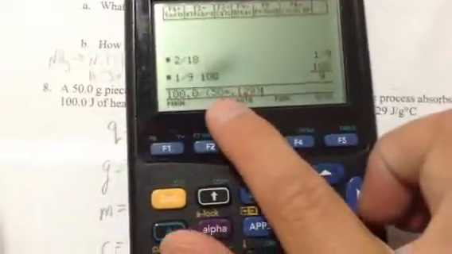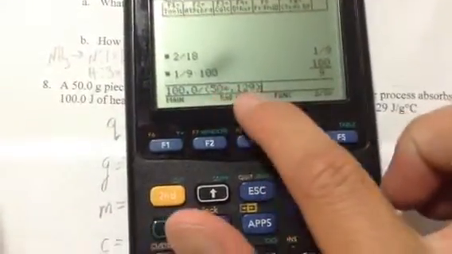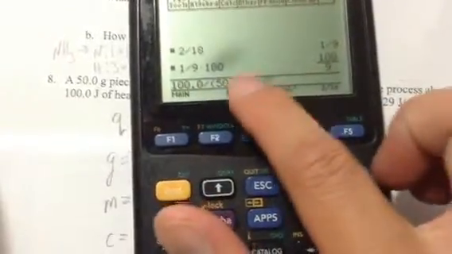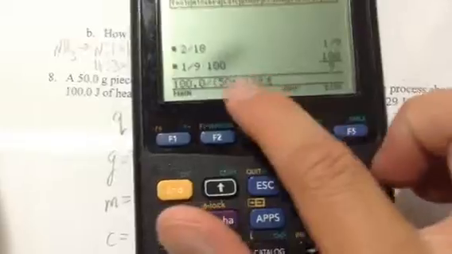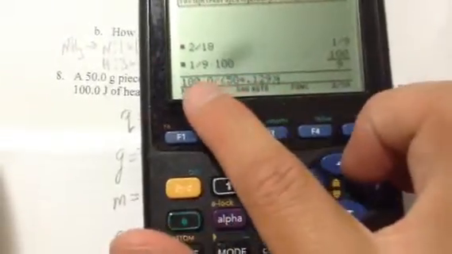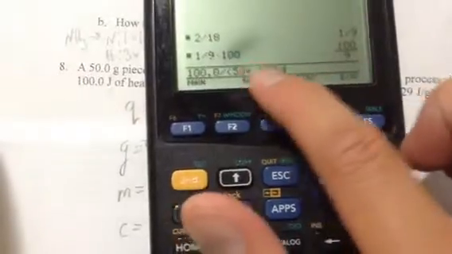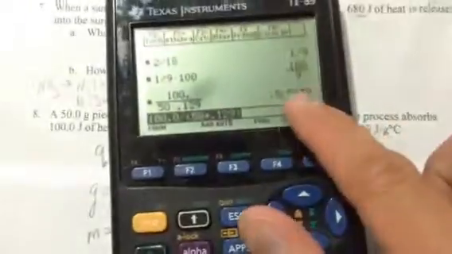Notice everything that's being multiplied on the bottom is in parentheses and being divided by, so the 100 is being divided by both of these being multiplied to each other. I press enter, boom, 15.5.